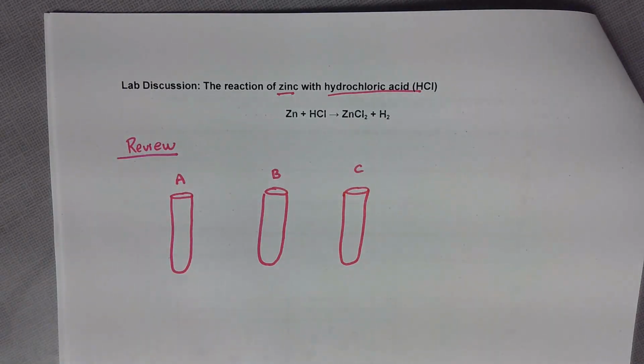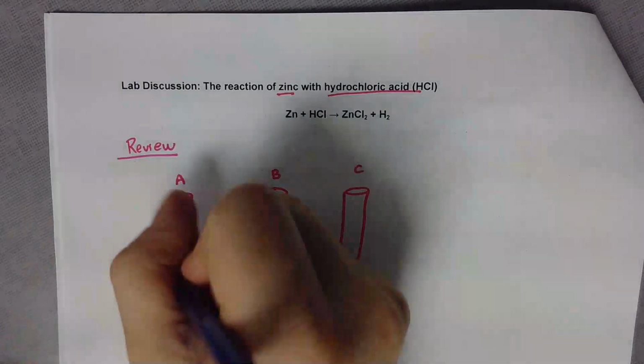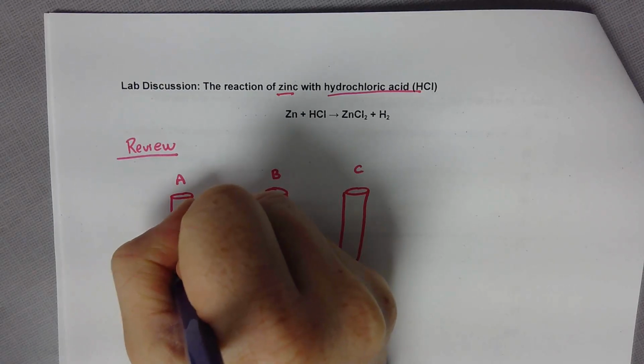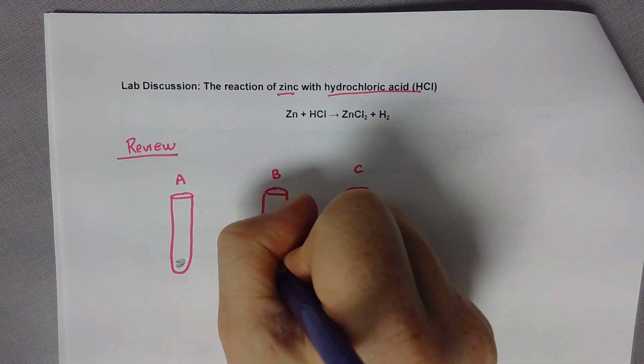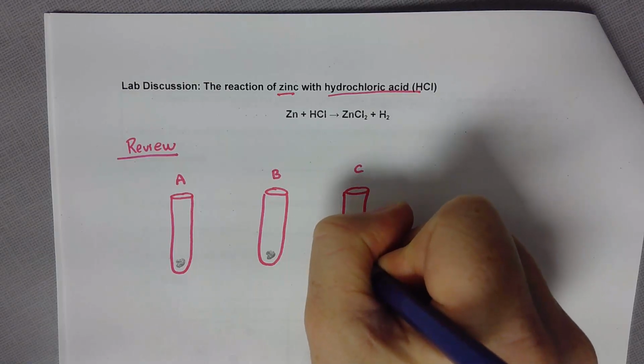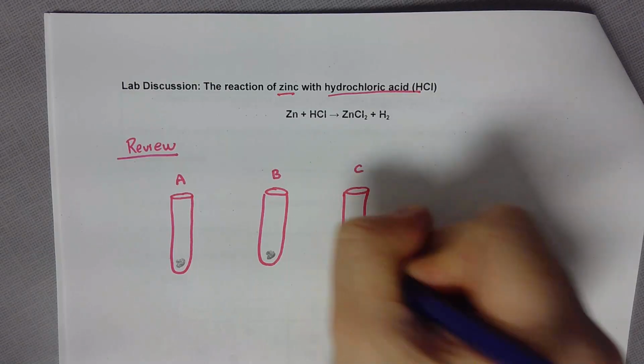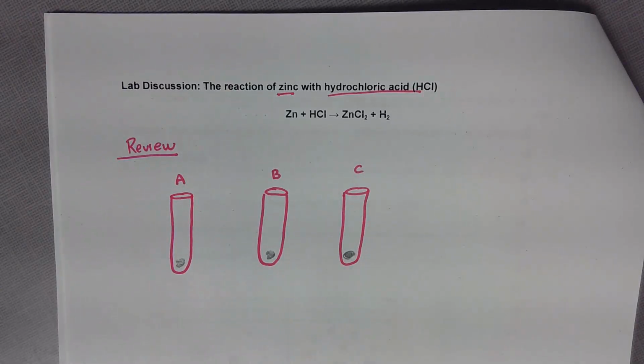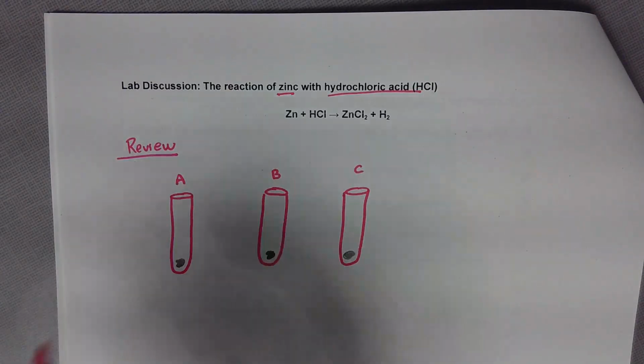So zinc was that gray metal chunk. And each test tube got the same size piece, roughly, to the best of your abilities. And then you covered that zinc with hydrochloric acid.